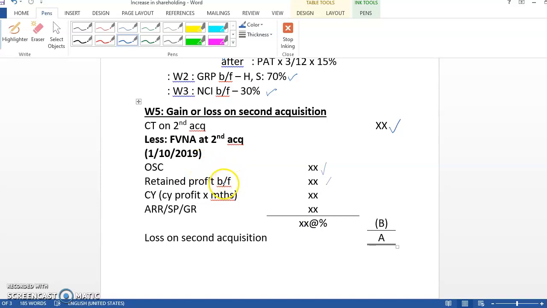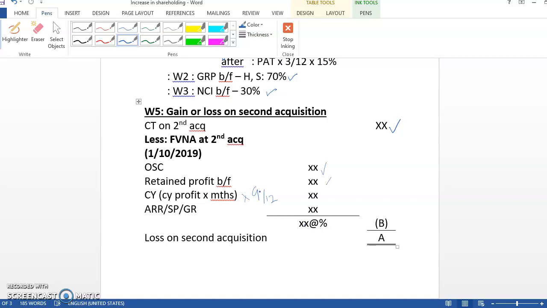So you will take the total of retained profit BF as well as the retained profit for the current year. For the retained profit for the current year, you need to times with 9 over 12, because you want to calculate the profit as at 1st October 2019. Anything that you have BF, you must add with from the beginning of the year.